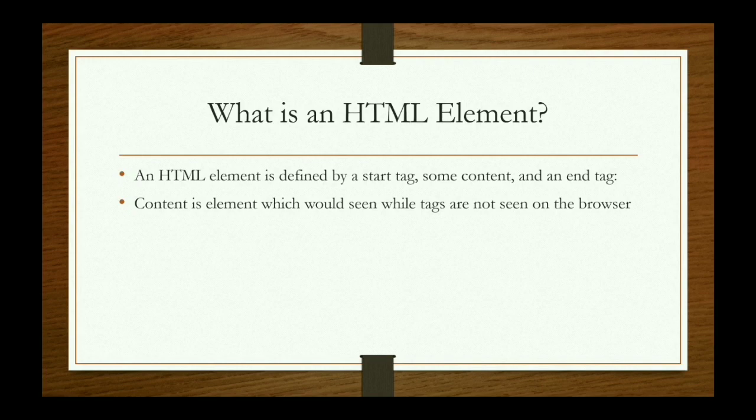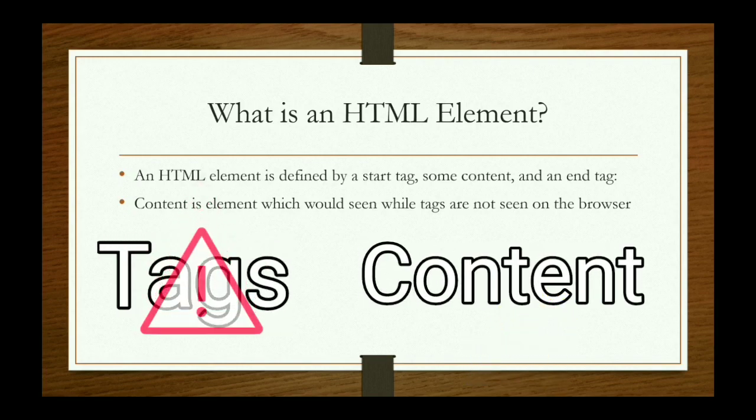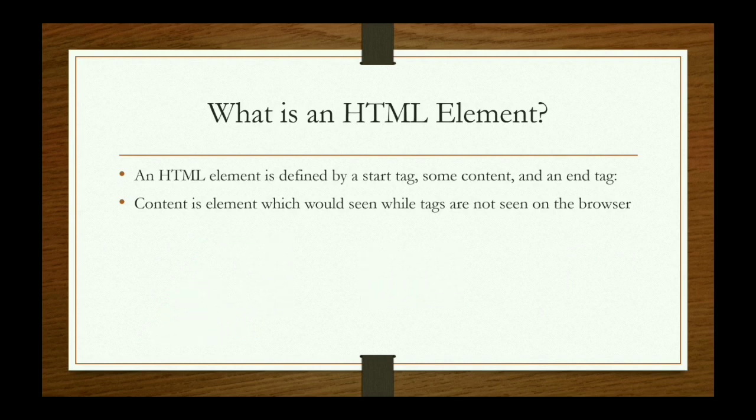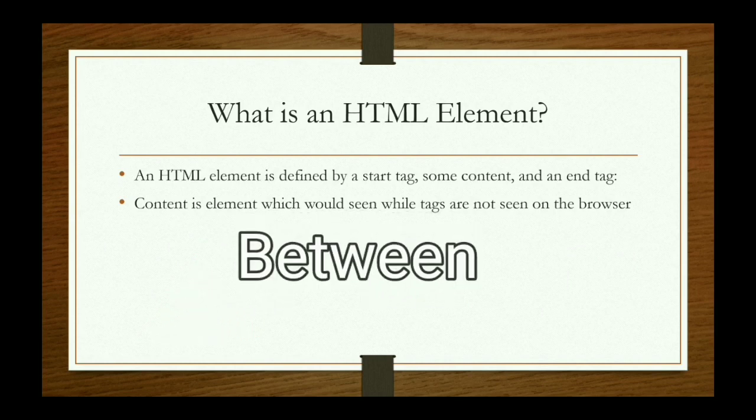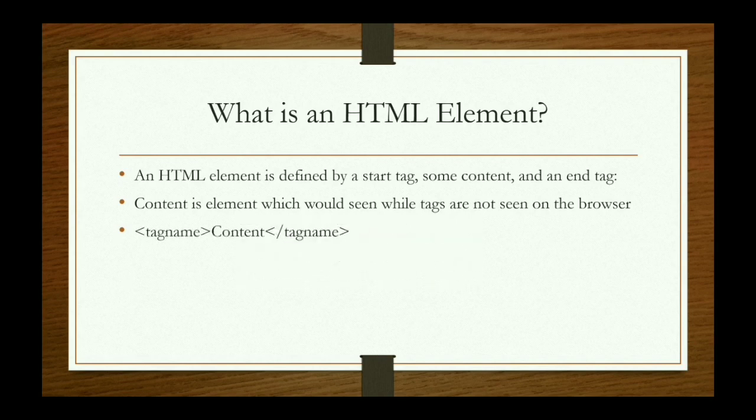So this means that content is to be shown and tags are not shown, tags just define it, as we saw. Okay, so content is between the starting tag and the ending tag, as we may see here as an example, h1 and /h1. Okay, so they are tags and Welcome is the content.